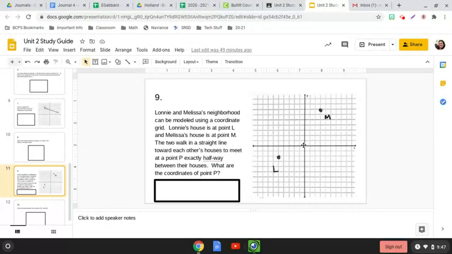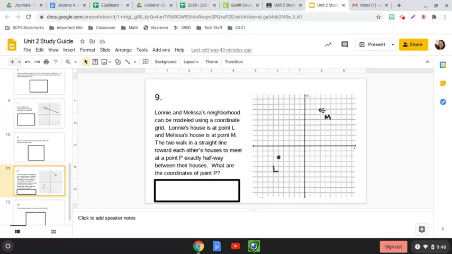If we start on our coordinate from right here at 0, comma 0, if we move to the right, that is positive x. If we move to the left, that is negative x. If we move straight up on the vertical or the y-axis, this is positive y. And if we move down the y-axis, this is negative y.